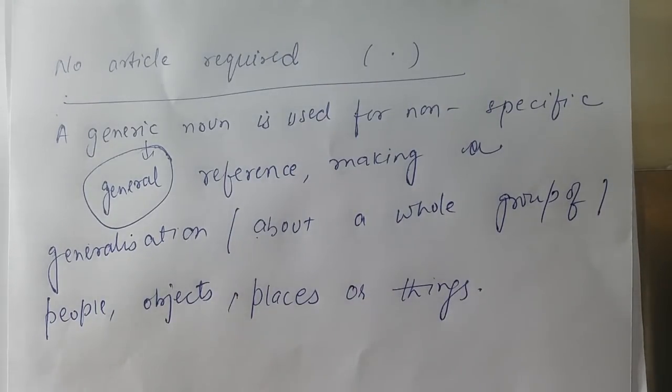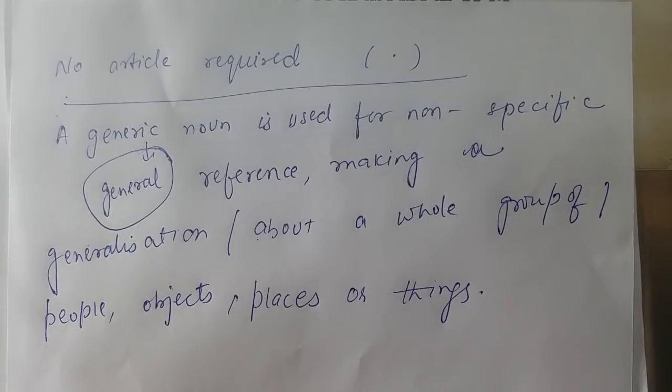So this is the definition of a generic noun. It is related to a whole group of people, objects, places or things. So there is no article required in front of them.